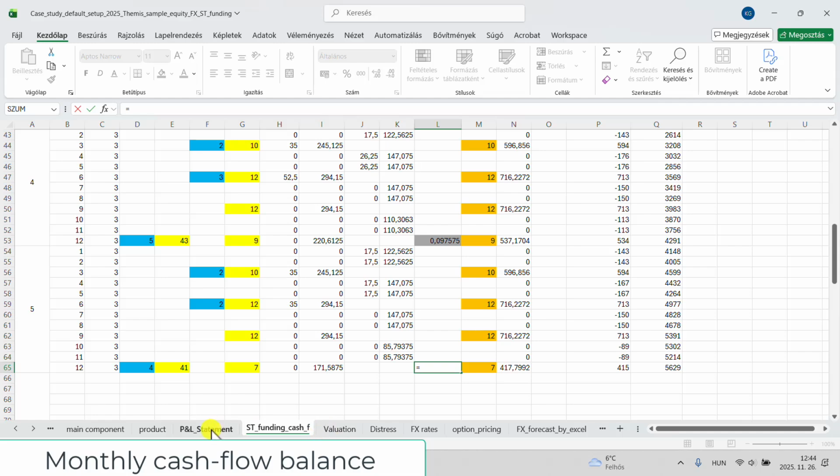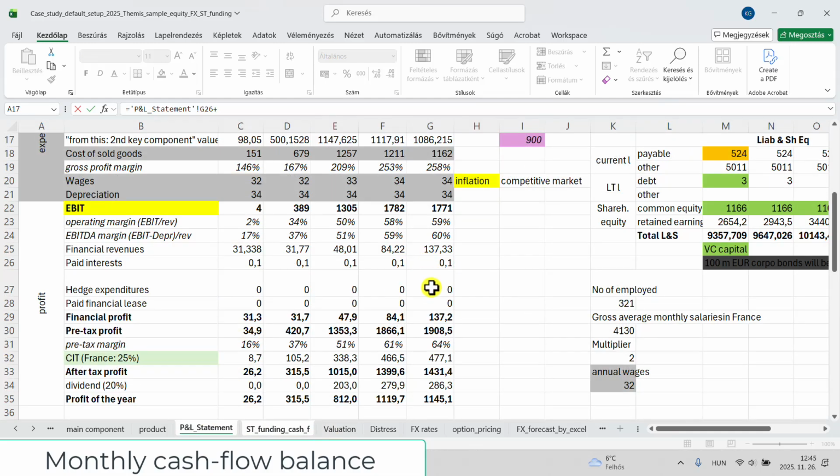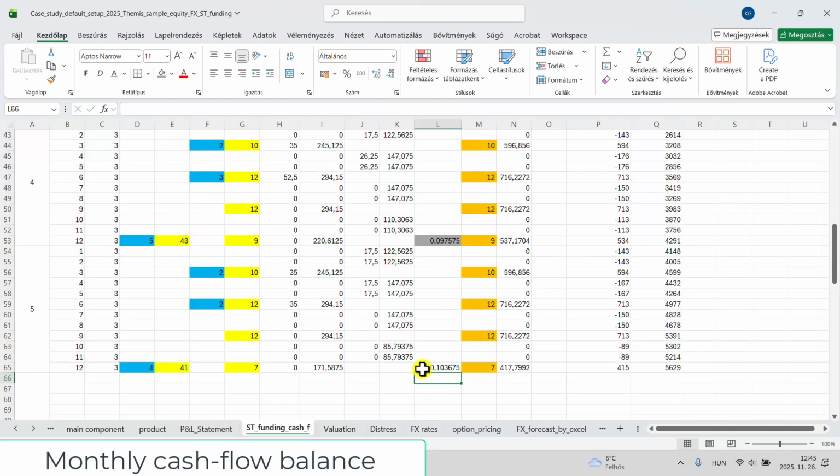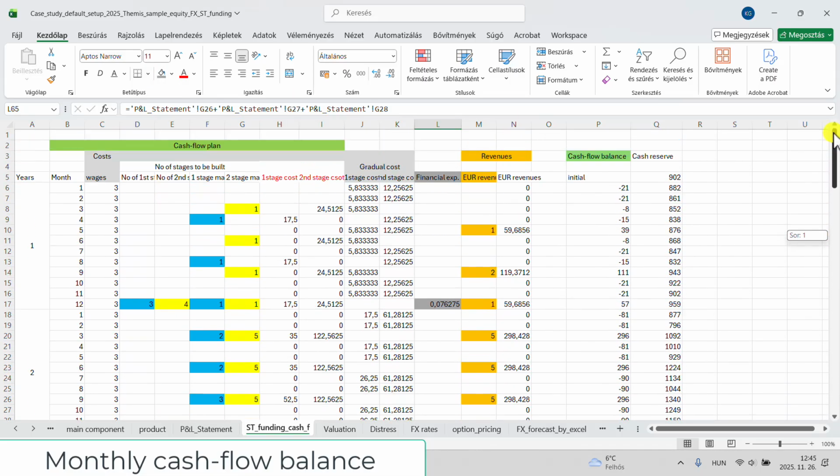As I was not creating debt for my scenario, this doesn't matter so much, but if we would be highly indebted, then obviously this would be more relevant.